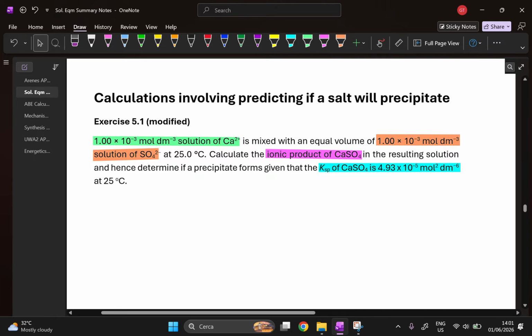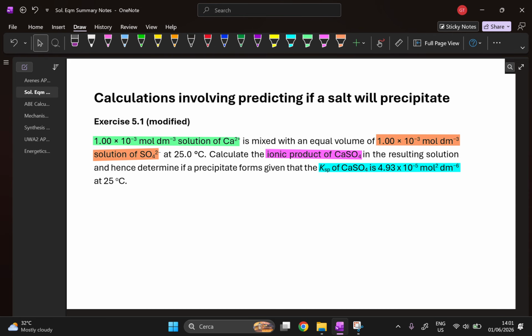So this is a modified version of exercise 5.1 from the HCI lecture notes, but I want to go through this in detail because there are a couple of traps. Okay, so you are given the Ksp and you are asked to determine if a precipitate forms.